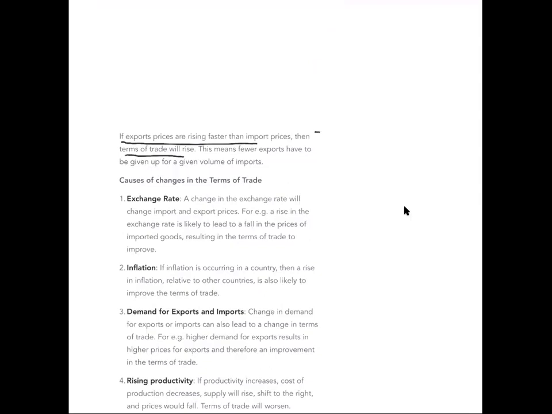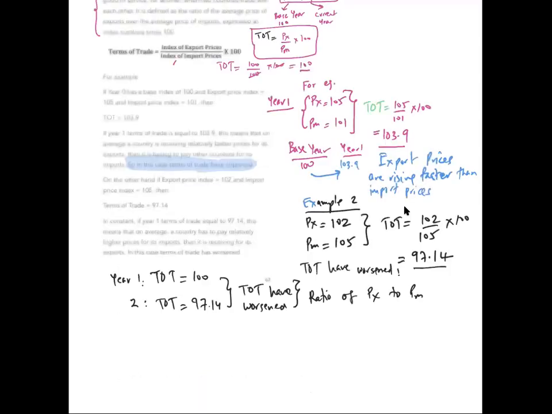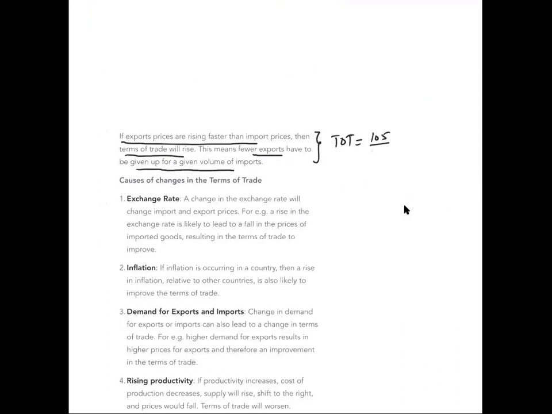But what does that really mean? This means fewer exports have to be given up for a given volume of imports. So for example, 105 over 101, the last example I said, right? And you get 103 as the value. This basically means you are giving up less export for any volume of imports. And the reason is very simple.